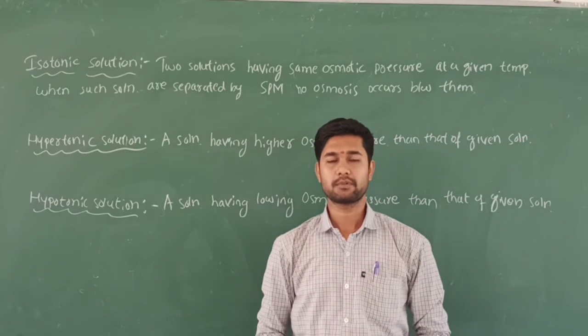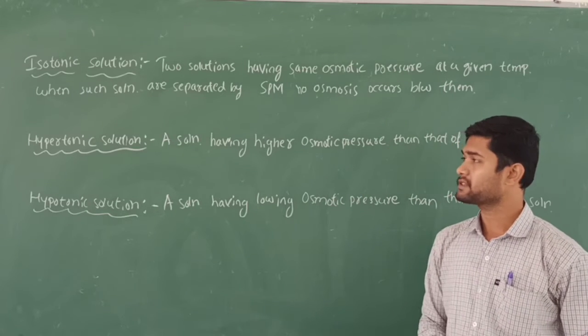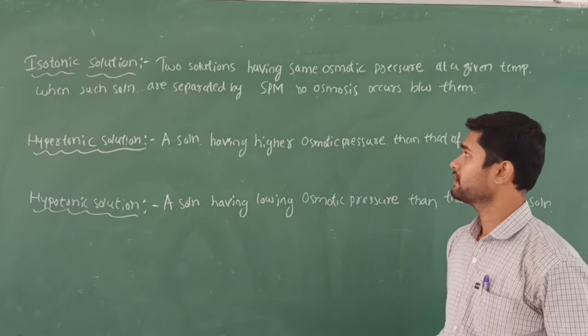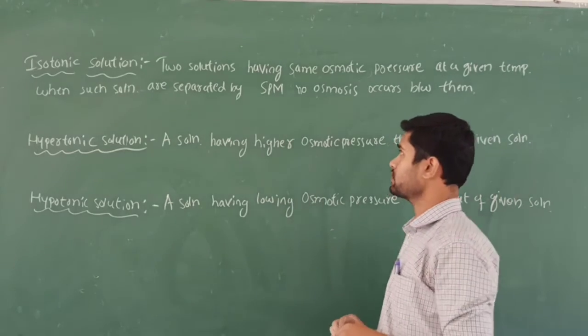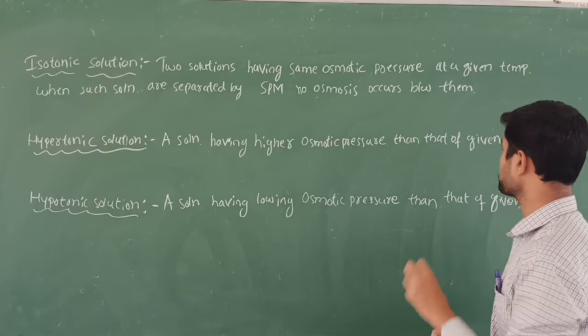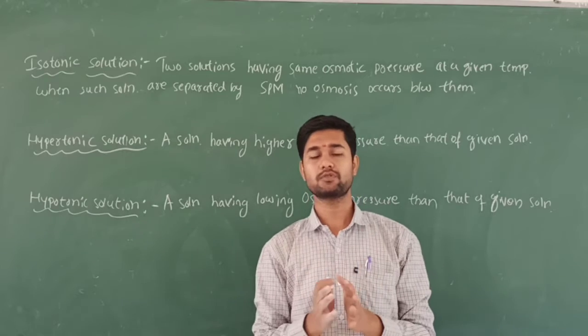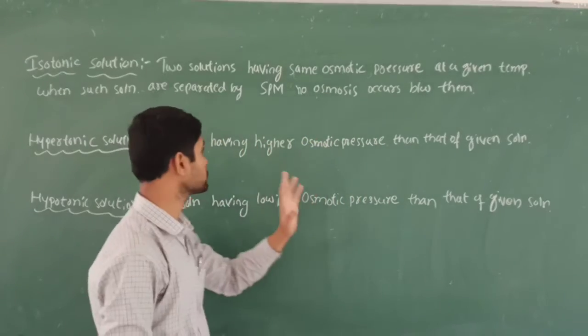Let's discuss the last part. There are different types of solutions. Let's define isotonic solutions. Iso means same. Here we compare two solutions. Two solutions having the same osmotic pressure at a given temperature are called isotonic solutions.